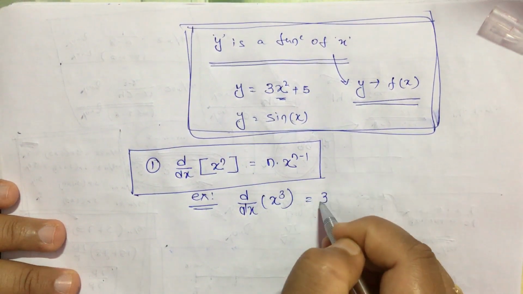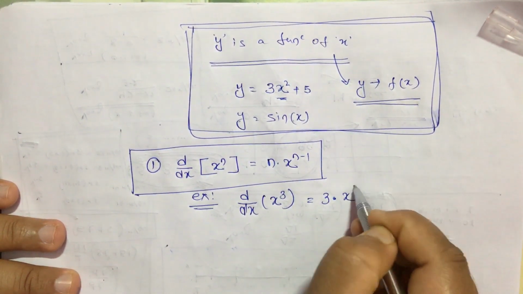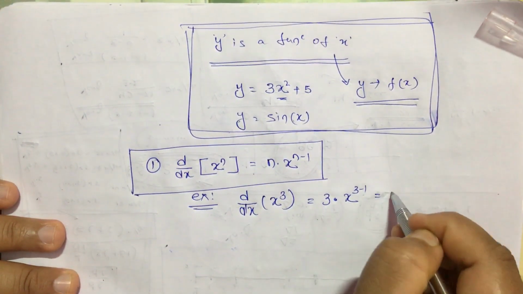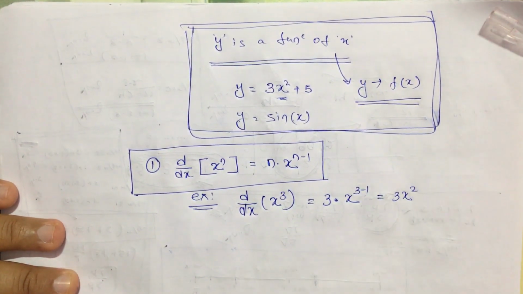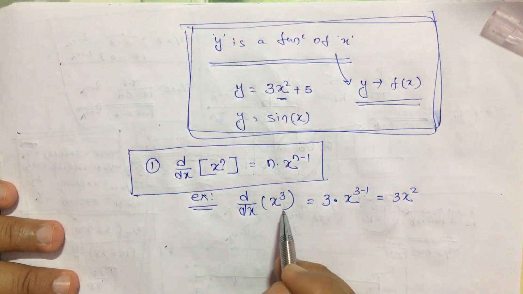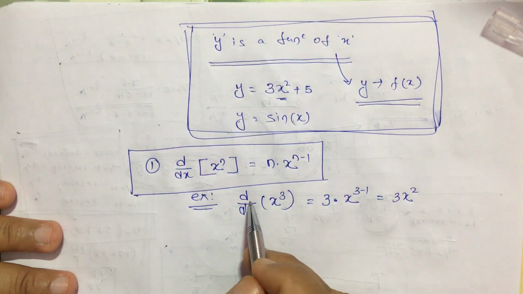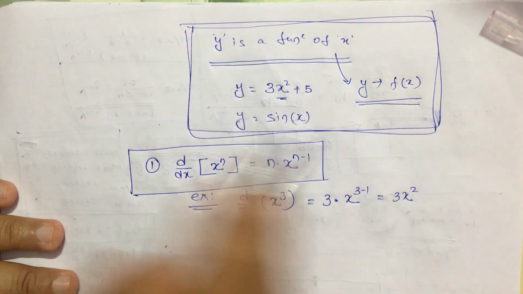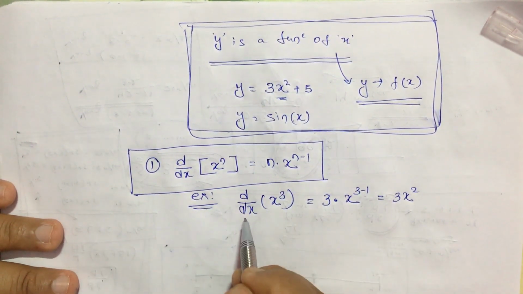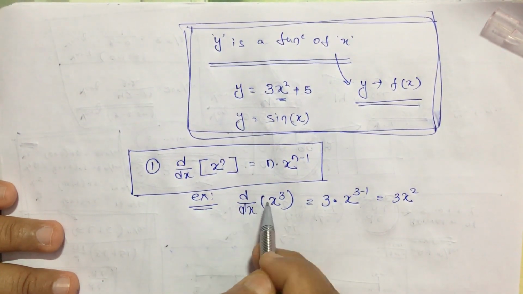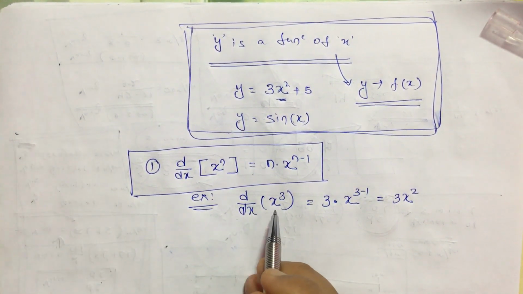So the answer is going to be 3 into x to the power 3 minus 1, which is 3x square. So the derivative of x cube with respect to x is 3x square, or you can read it as d by dx of x cube is 3x square. Again remember, here d by dx does not mean d divided by d into x. It is not like that.